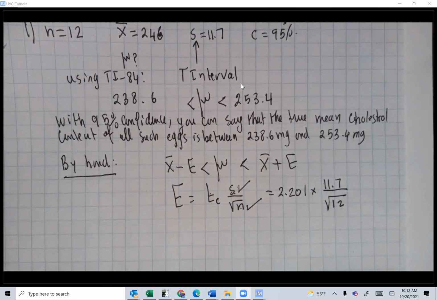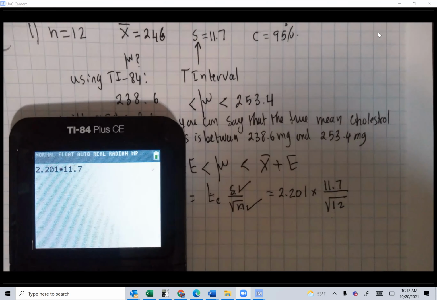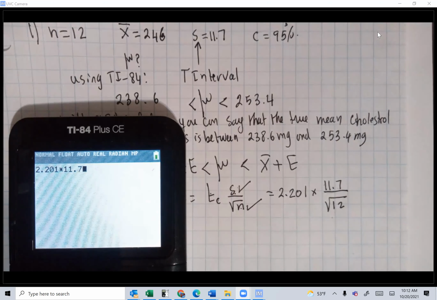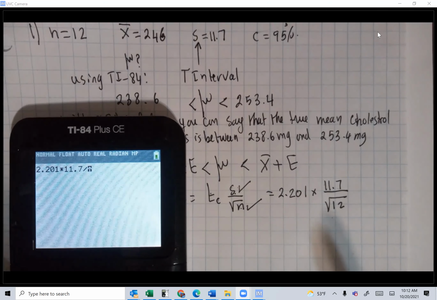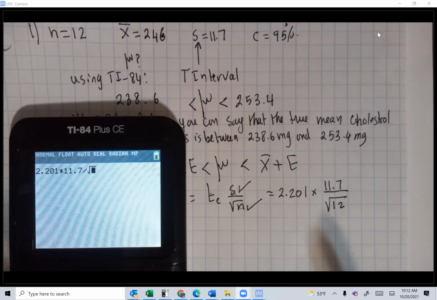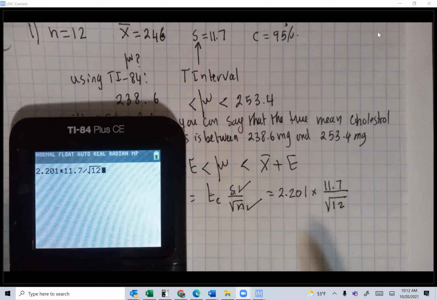So 2.201 times 11.7, divided by square root of 12. I got 7.43.